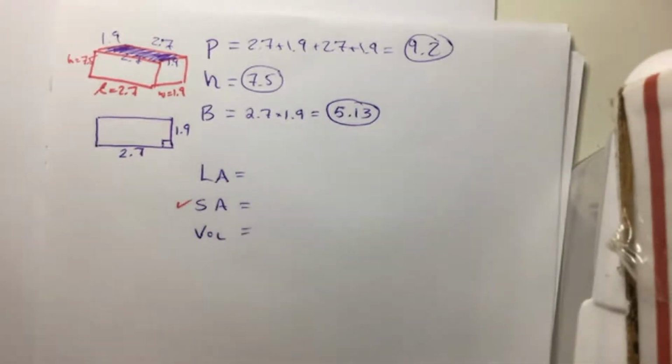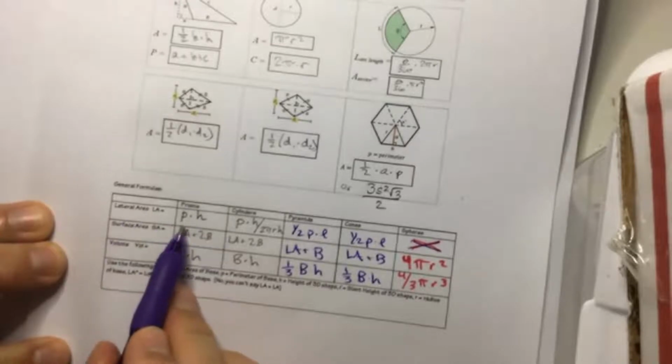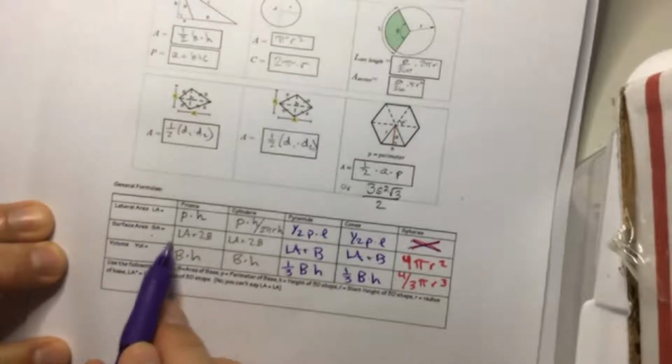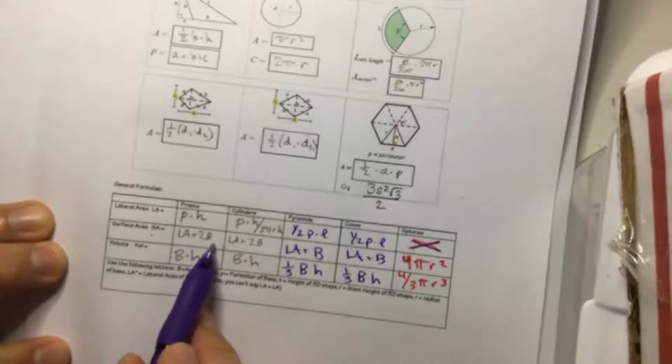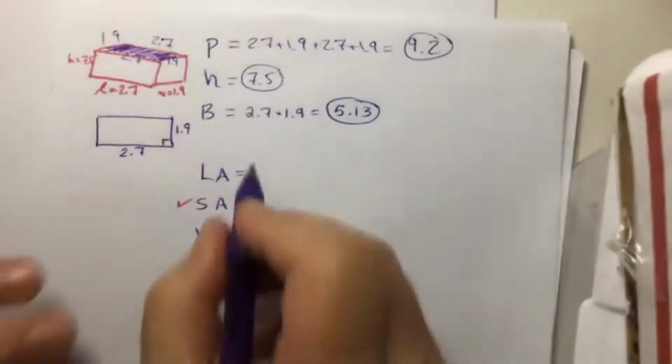So now for a prism, we can see in this thing that the prism's formula, lateral area is P times H. Surface area is that lateral area plus another 2 bases, and the volume is equal to base times height. So we'll just plug those in.